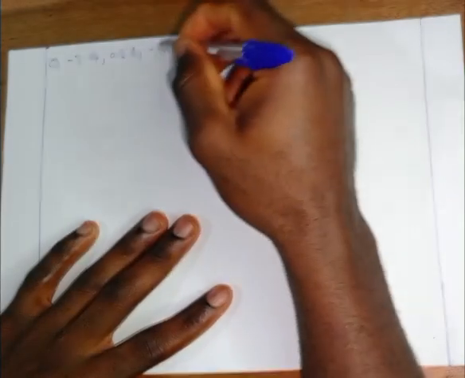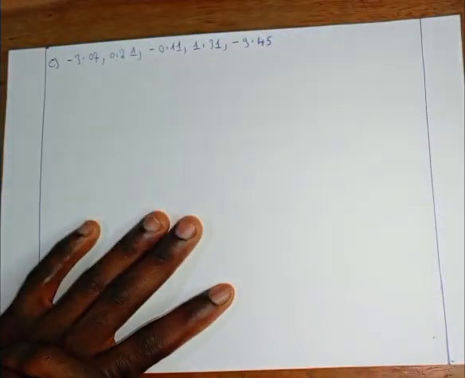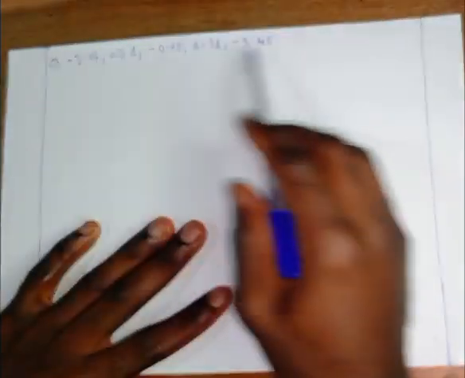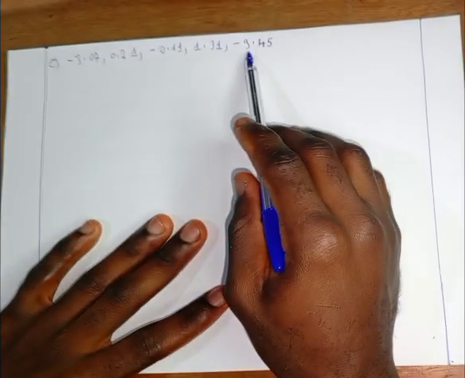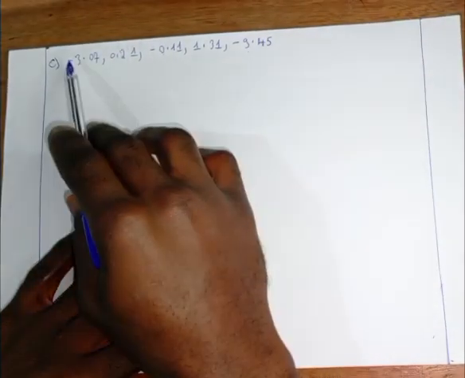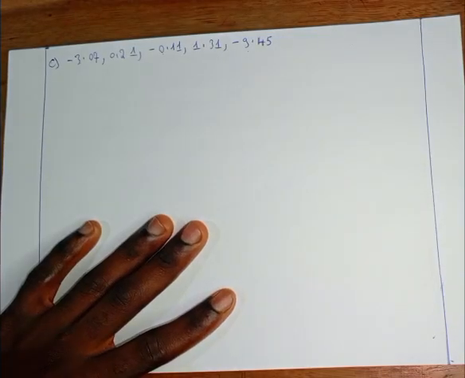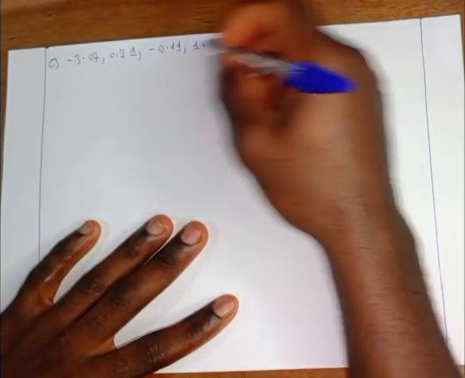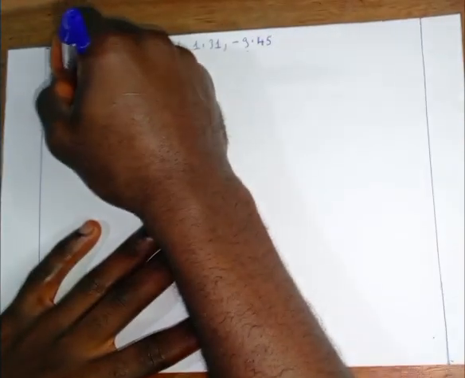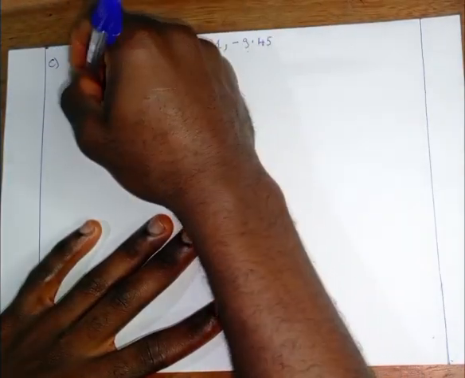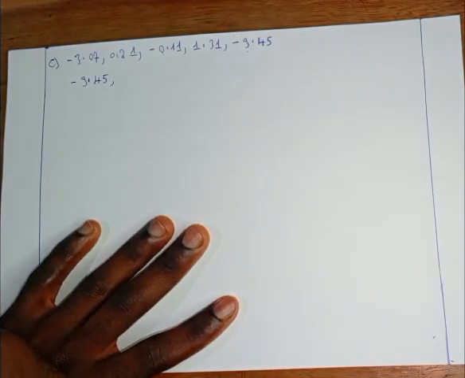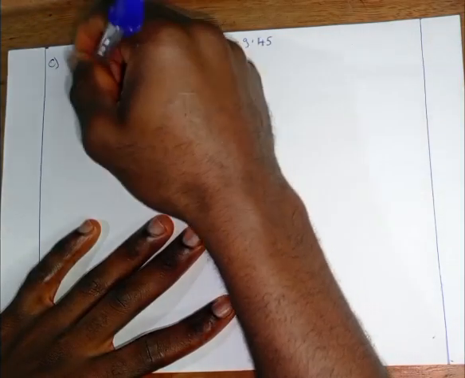For us to know the smallest, we are going to start by ignoring the negative sign. If we ignore the negative sign, then we compare their whole number parts. We know 9 is greater than 0 and 9 is greater than 3. If we attach the negative sign to the whole number parts, we know negative 9 is less than 0 and 3. Therefore, negative 9.45 is the smallest. The next, we know negative 3 is less than 0.